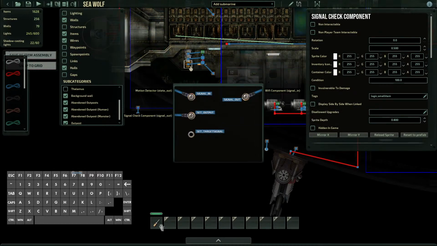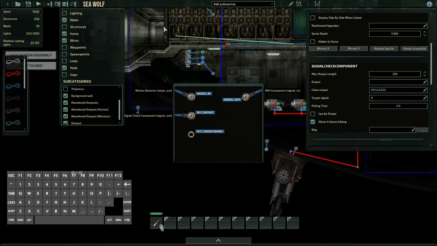If this motion sensor is not sending a signal, that means our monster is closer than 500, but not less than 250, right? That means the true condition, because this motion sensor is not producing an output, and the target signal of all three of them is 0. Hang on. False output is red.